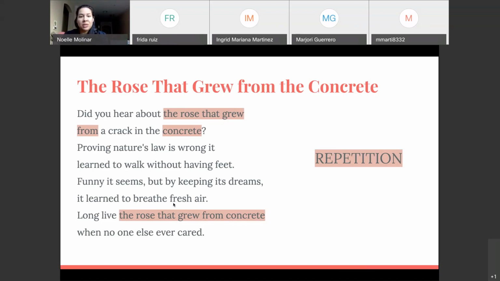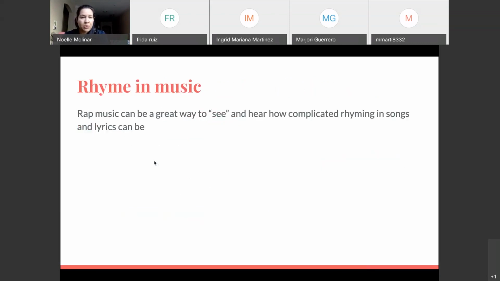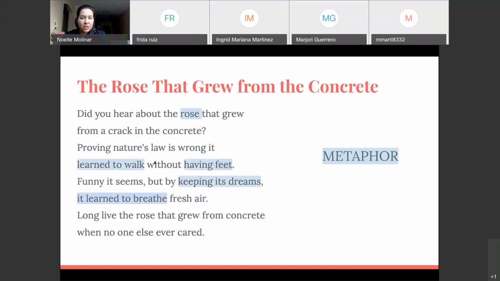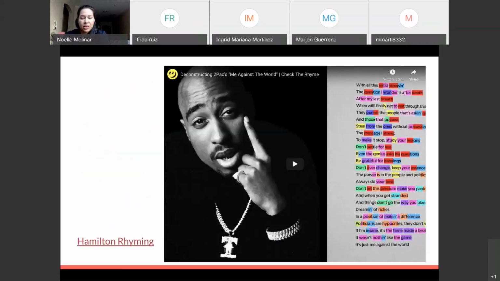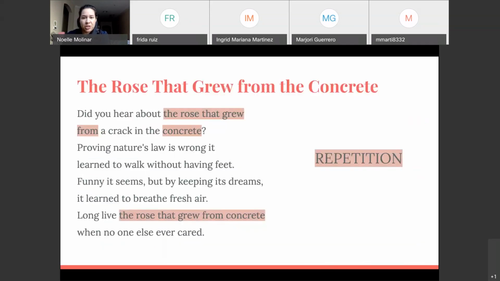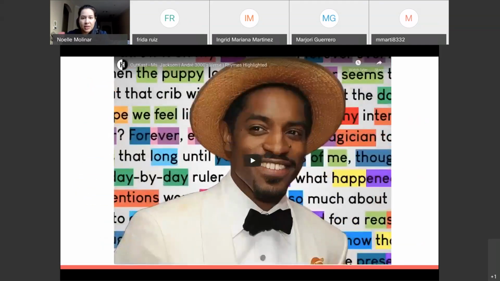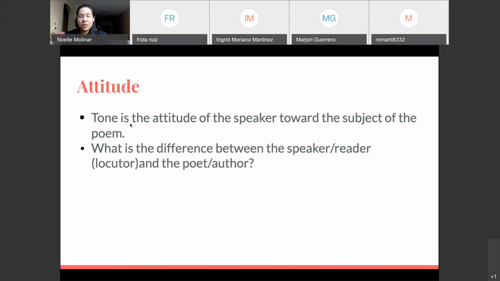One of those elements that we left off of is rhyme. We were looking at image, metaphor, rhyme. I showed you some examples in music, and then repetition also happens, and we had that example in a song.